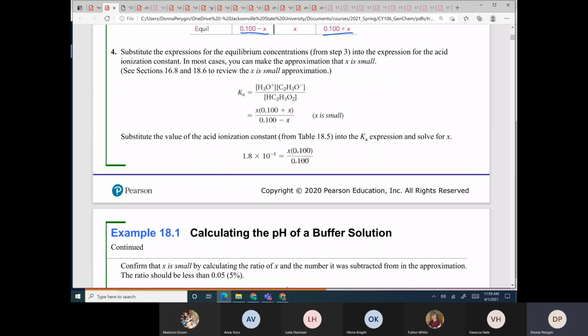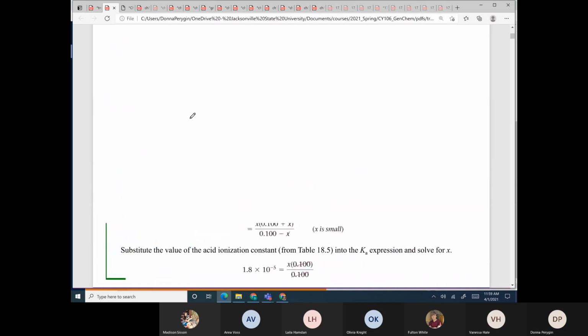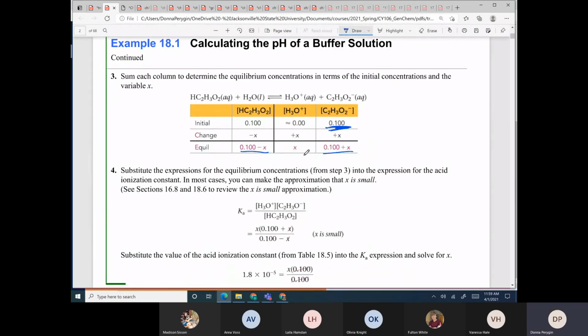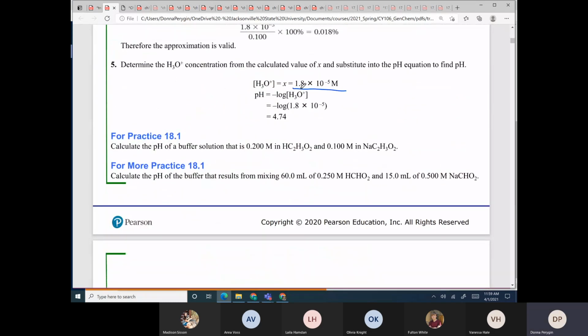We can assume X is small and solve for X. And X in this case is going to be equal to 1.8 times 10 to the minus 5th. And that X is also our H3O plus concentration. So since that's the H3O plus concentration, we can say that the pH is equal to the negative log of that, which is 4.74.